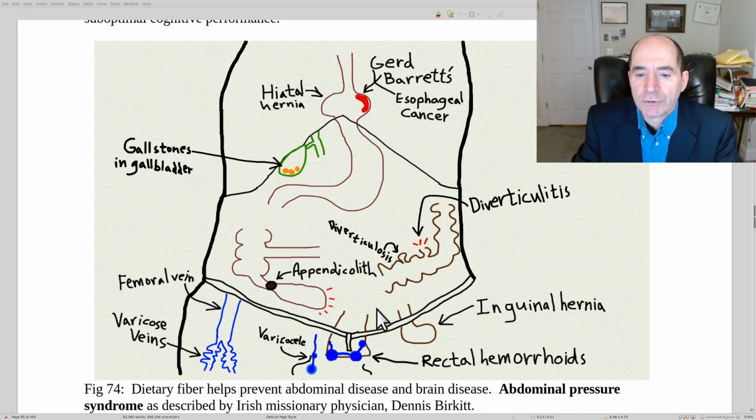The back pressure from the rectum is transmitted first of all into the rectum locally, into the veins, and it causes rectal hemorrhoid veins. Those are dilated veins which sometimes bleed. The back pressure also is transmitted into the sigmoid colon, which is the part of the colon that connects to the rectum. And the back pressure will cause outpouching of the colonic wall. That's called diverticulosis.